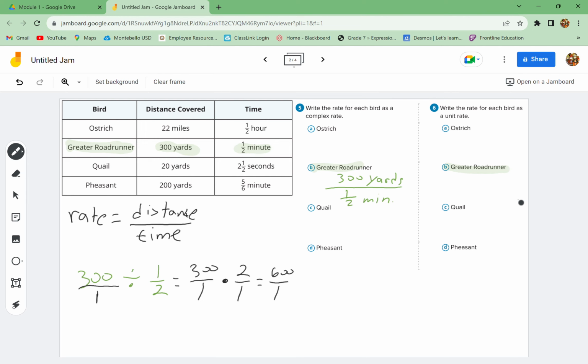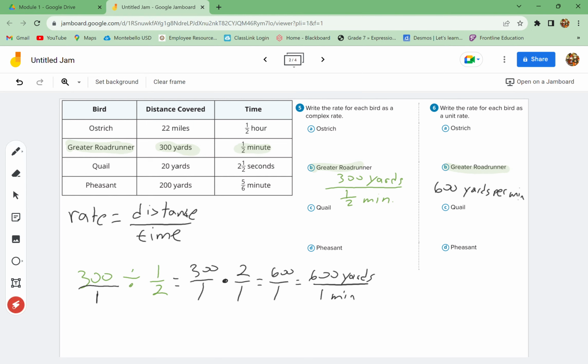Or as people are going to say, 600 yards per minute. And there's my unit rate.